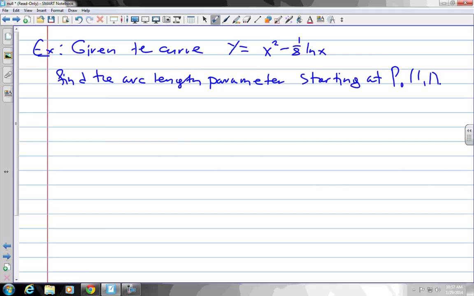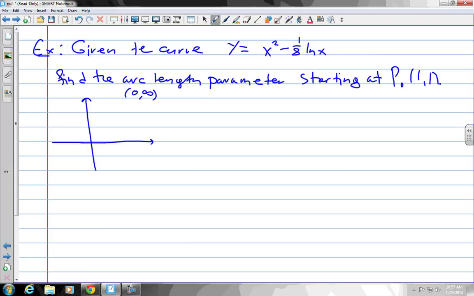Now, the natural log, so think about this. The domain of this function is from 0 to infinity, right? So there's nothing to the left of the y-axis.